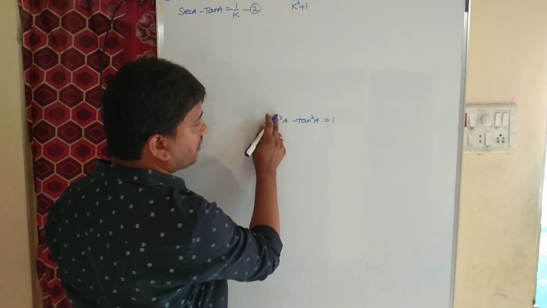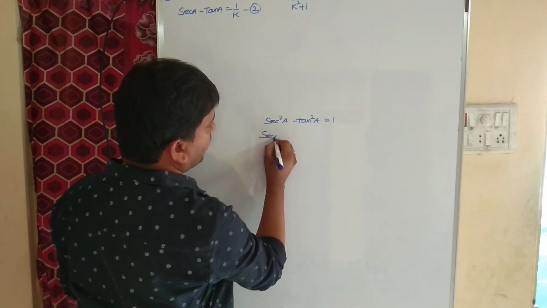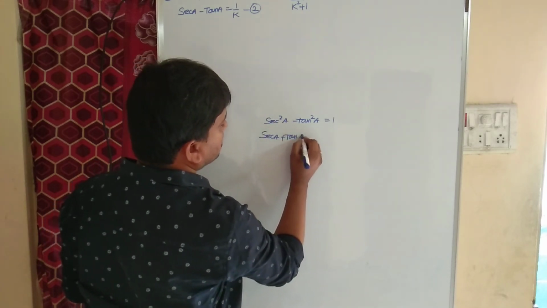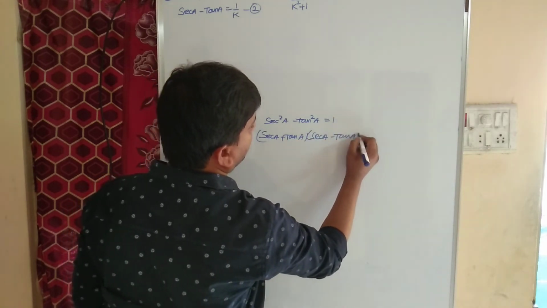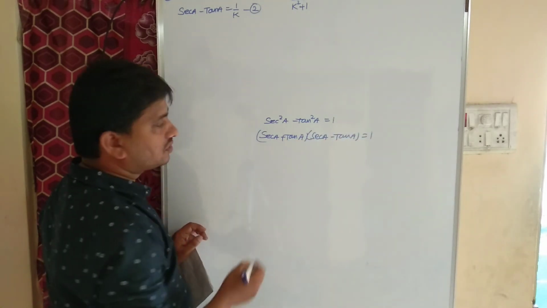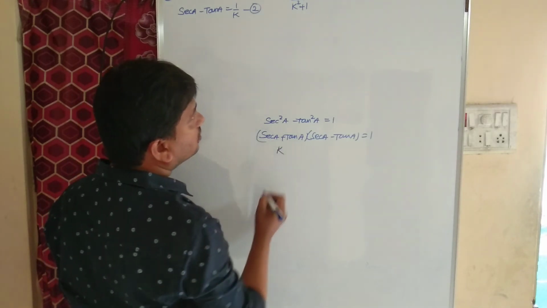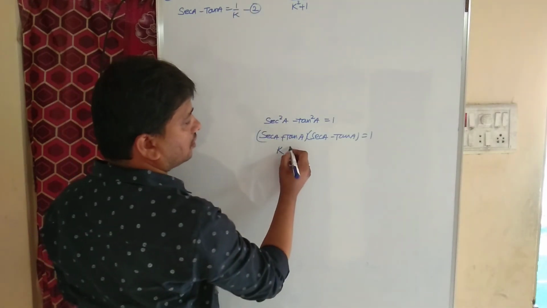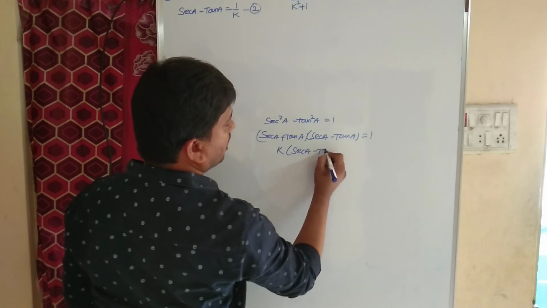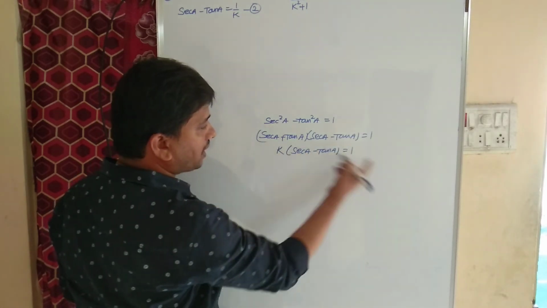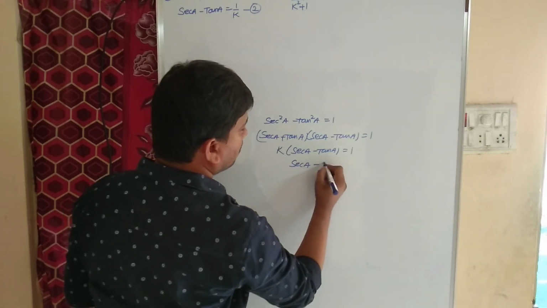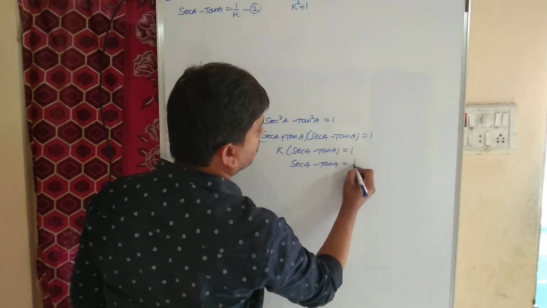Now this is in the form of a square minus b square, which I can write as (a plus b) into (a minus b). We know sec A plus tan A is given as K, into sec A minus tan A equals 1. As K is multiplying, transposing, sec A minus tan A equals what? 1 by K.